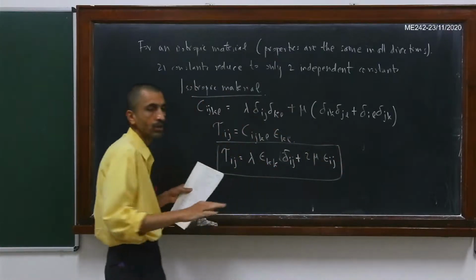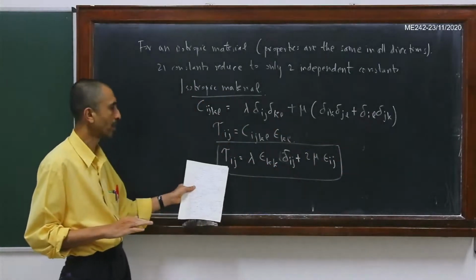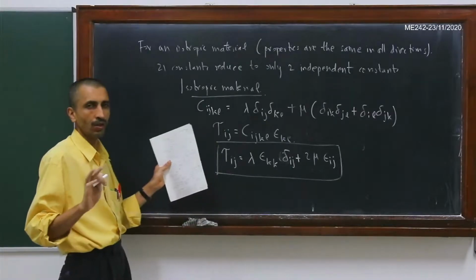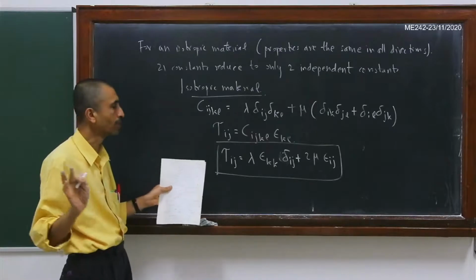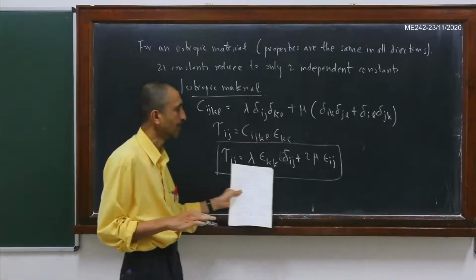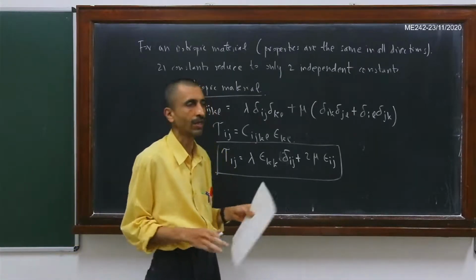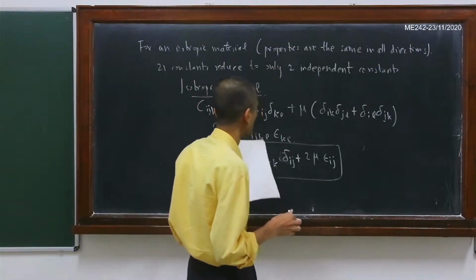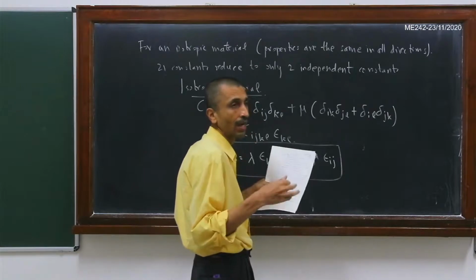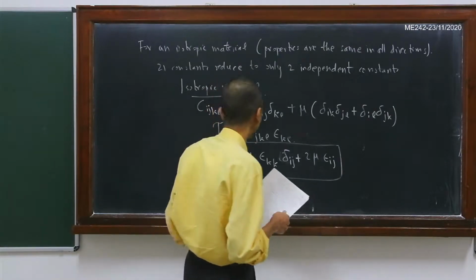Throughout this course we will be focusing only on this. As you can see, this is very simple. Now we no longer have to deal with C_ijkl anymore. From this point onwards, we will simply assume that the material is isotropic. This entire course will not deal with the more complicated situation where there are 21 constants, or those kinds of things.